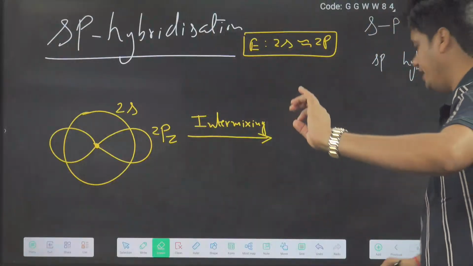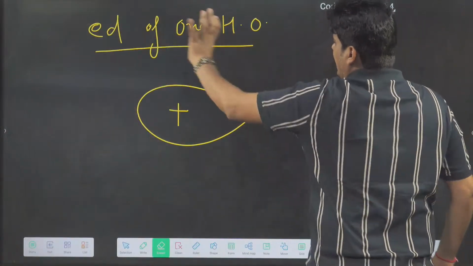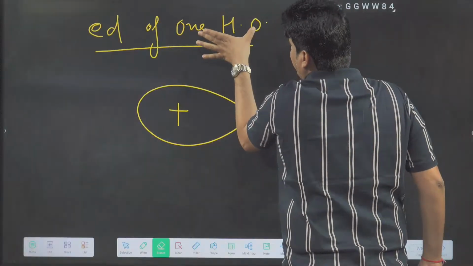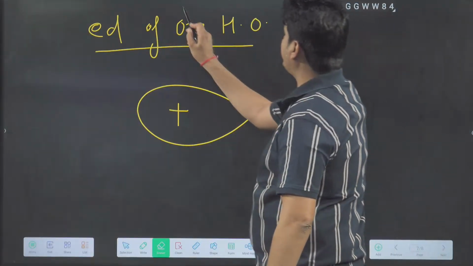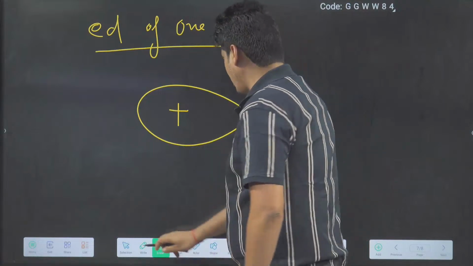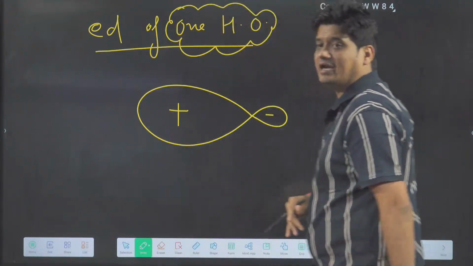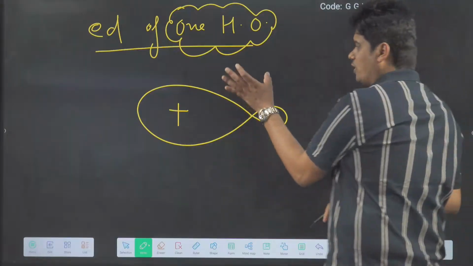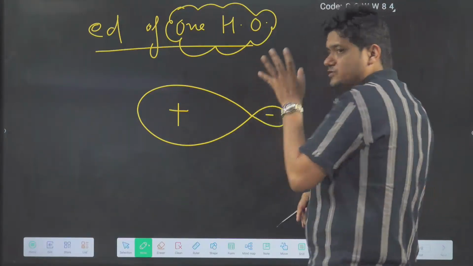So what I was saying, for those who missed it at the time of the glitch: one hybrid orbital can be represented like this, where we have one big lobe and one small lobe, with a plus sign for the big lobe and a minus sign for the smaller lobe.